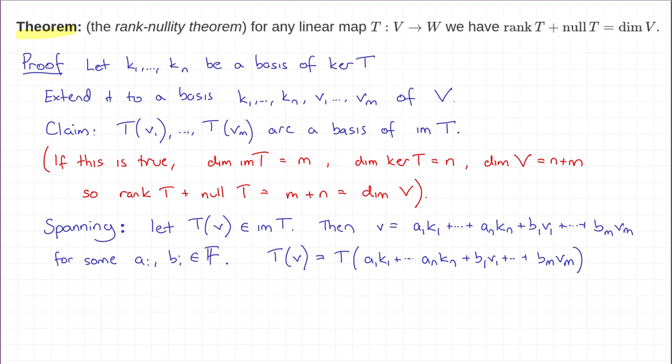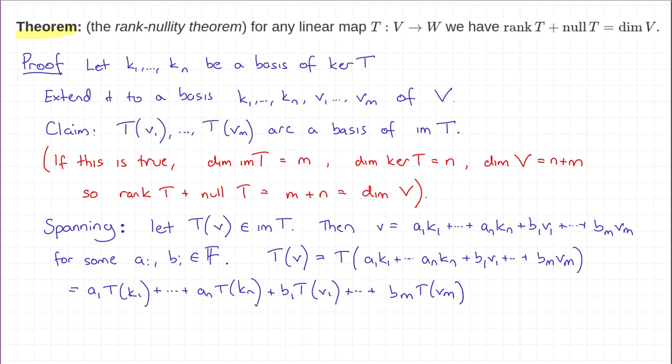So by using the additive and scalar multiple properties of being a linear map a lot of times, we can rewrite this as a1 times T of k1 plus a2 times T of k2 all the way up to an T of kn plus b1 T of v1 all the way up to bm T of vm.